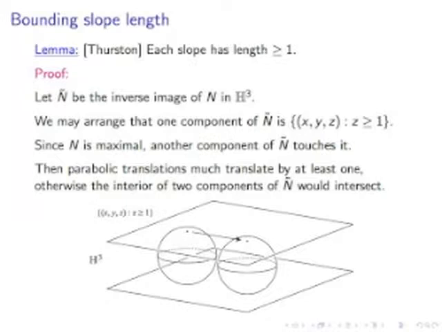So there's a horoball that just touches this. Now, the covering transformations take the interior of this horoball to the interior of another horoball, and the interiors are all disjoint. So that means that this horoball has to get translated to here, and therefore has to be moved at least distance 1, Euclidean distance 1, otherwise the interiors of those two horoballs would intersect.